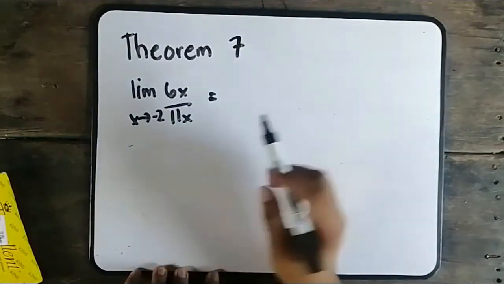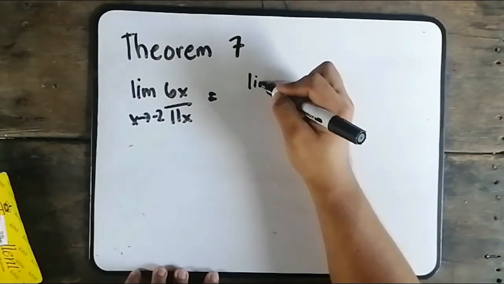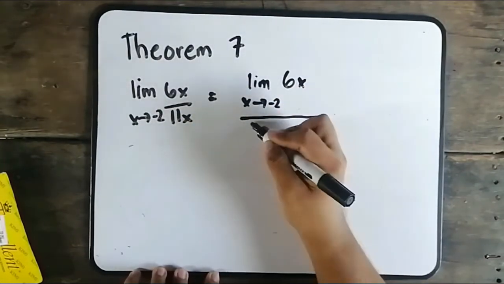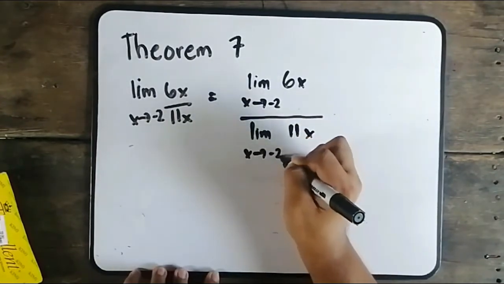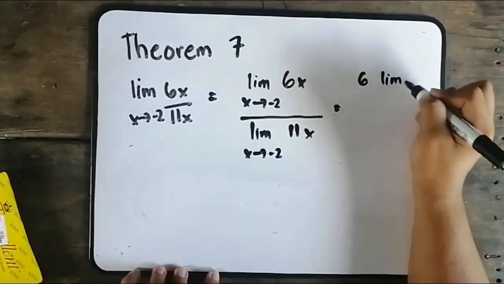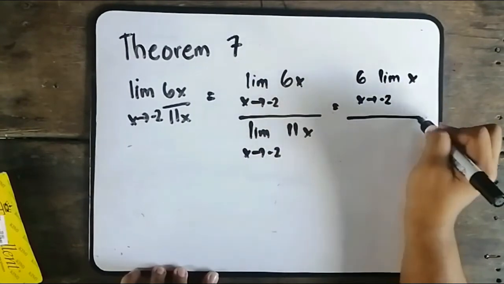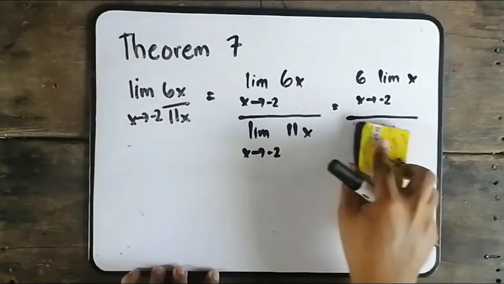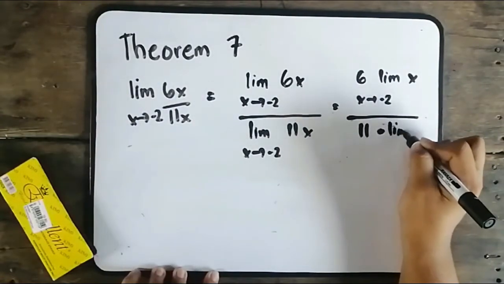So, limit of 6x over 11x as x approaches negative 2 is now equal to the limit of 6x as x approaches negative 2 all over the limit of 11x as x approaches negative 2. So by theorem 4, this is 6 times the limit of x as x approaches negative 2 all over the limit. So ilabas muna natin yung 11. 11 times the limit of x.